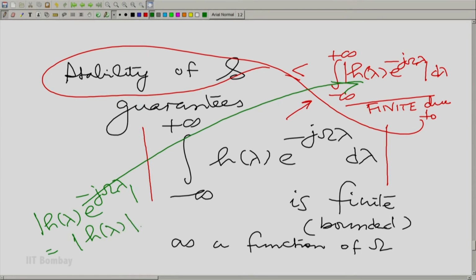And we know that the stability of the system implies and is implied by the absolute integrability of the impulse response, and therefore we are assured that this constant by which that rotating complex number is multiplied is necessarily finite, it is bounded, and bounded for all omega. In fact, the beauty is that the bound is the same as the absolute integral of the impulse response. You have a concrete bound which you can associate with it.